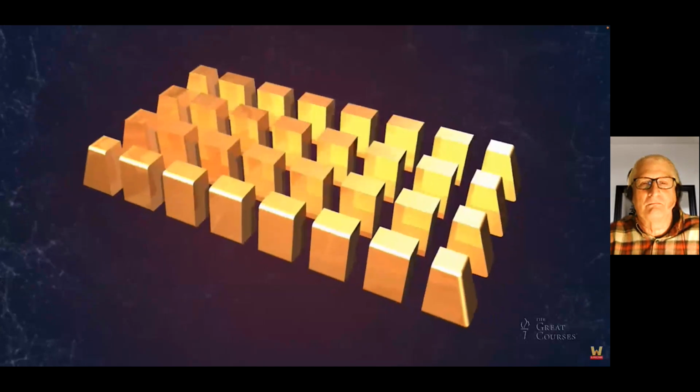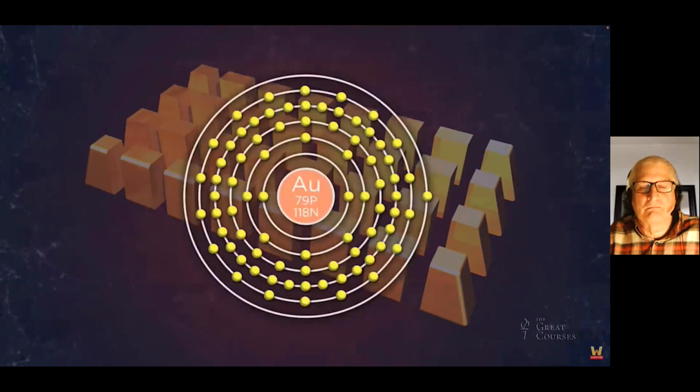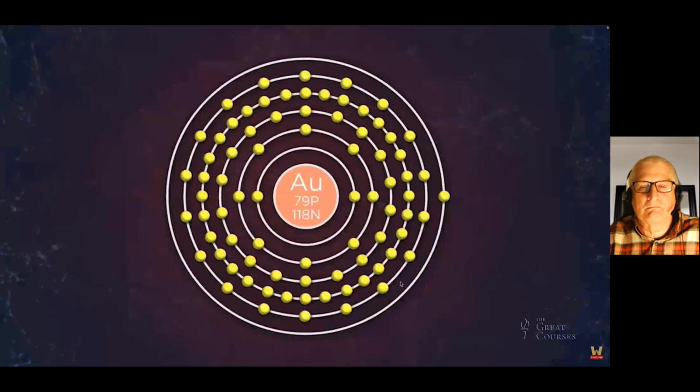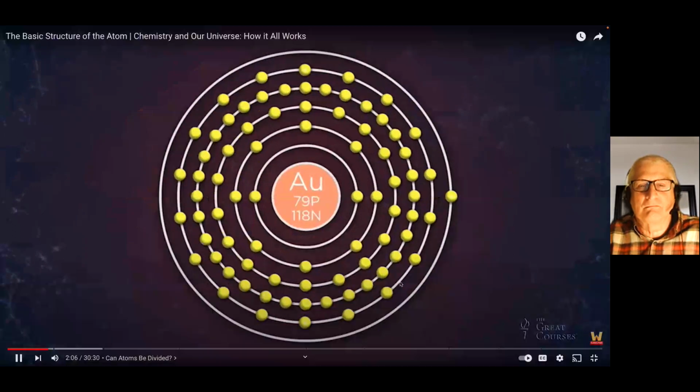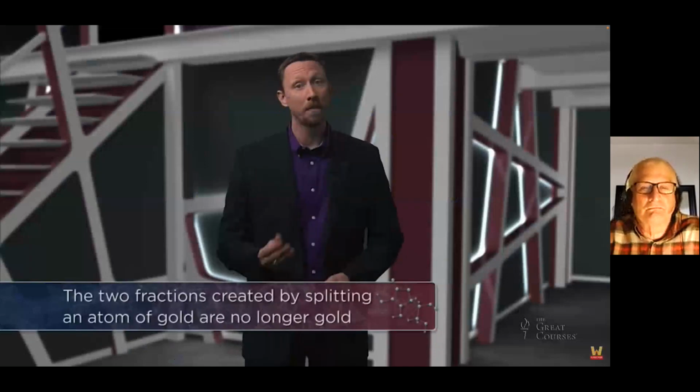But if we could continue to do this perpetually, eventually we would arrive at a point where we have just one atom of gold left in our sample. So what now? Is that atom of gold truly indivisible? Actually, no. It can be divided, but in doing so, its identity changes. The two fractions created by splitting an atom of gold are no longer gold. They're something else.